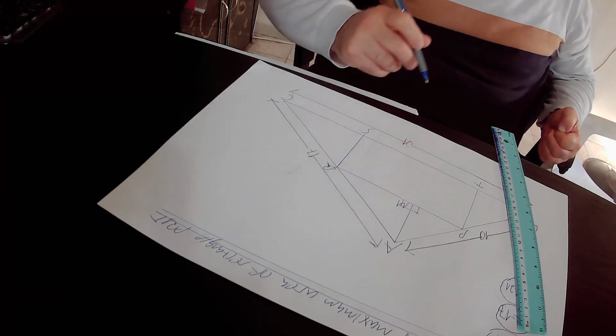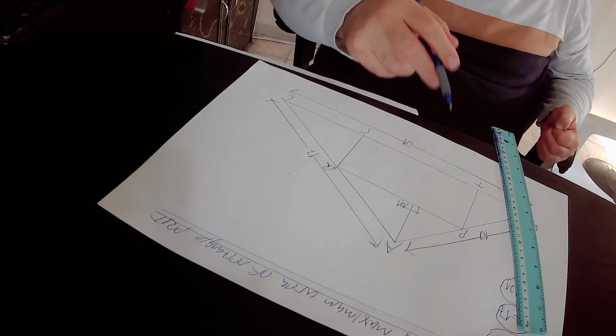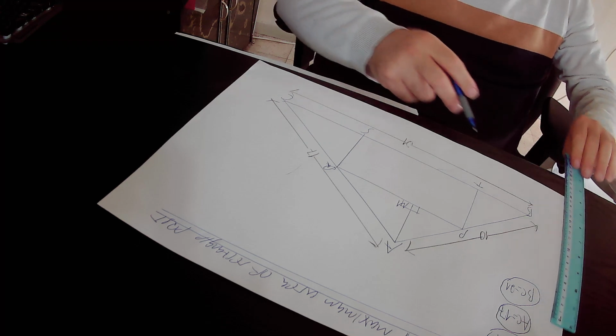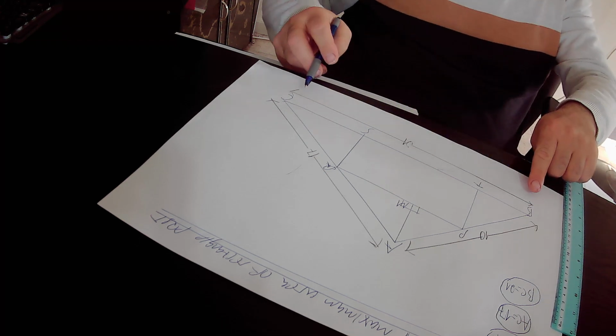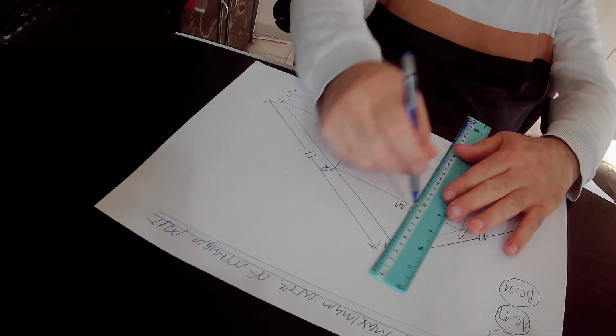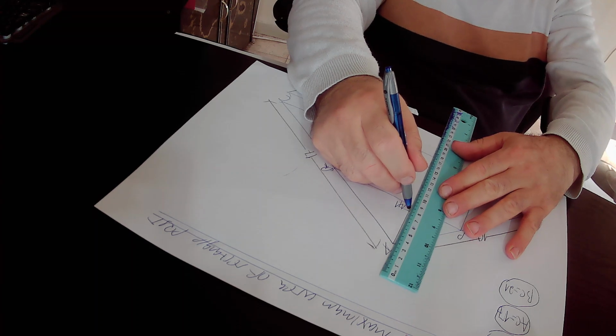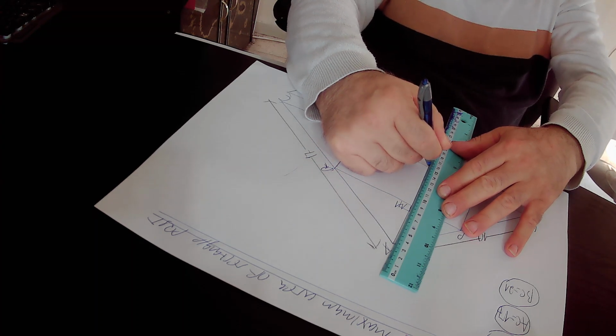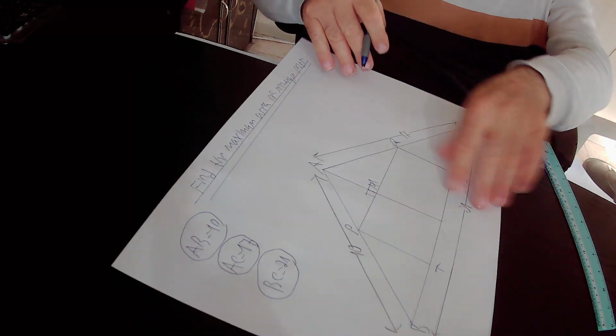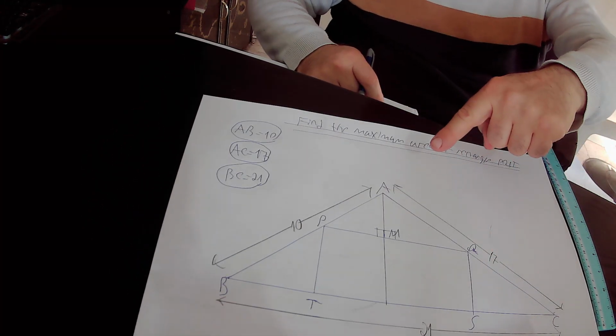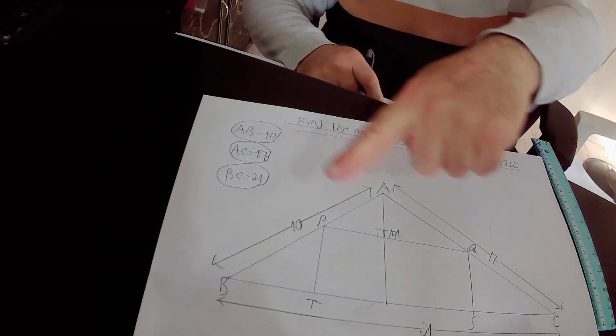In the next step, we extend the perpendicular AM by a straight line until it touches side BC of triangle ABC. And we define the touching point of the extended perpendicular AM with side BC.